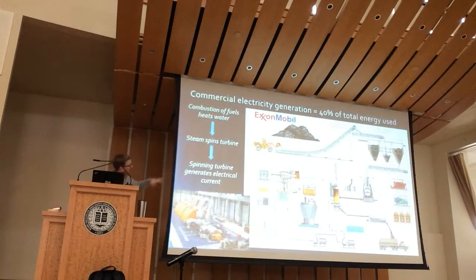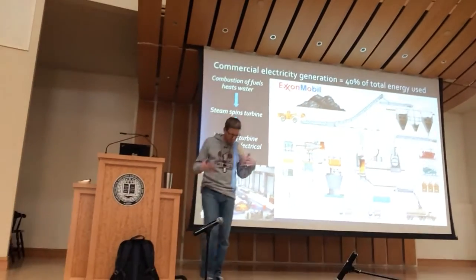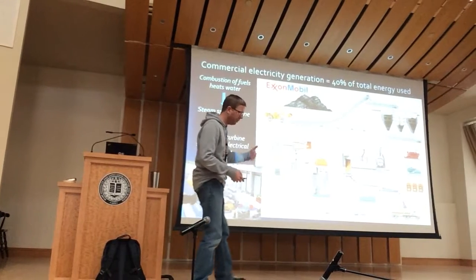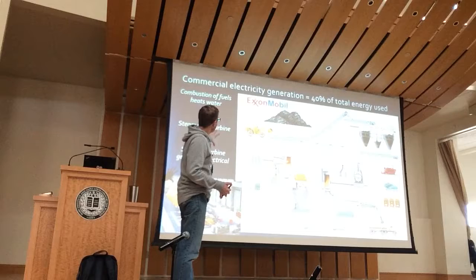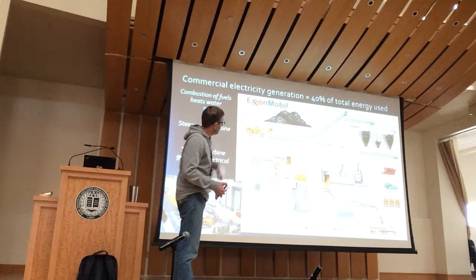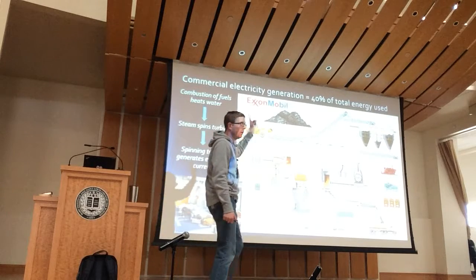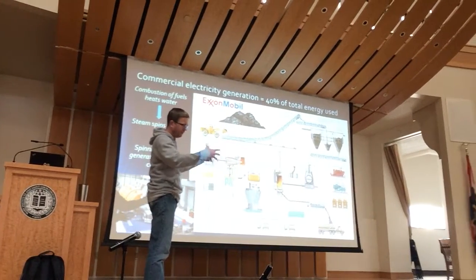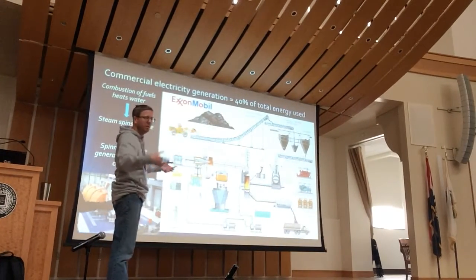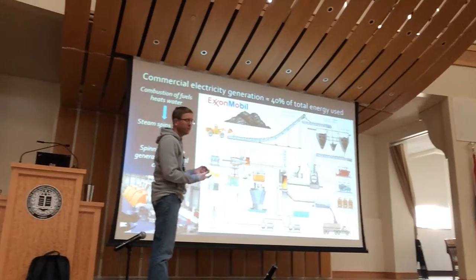So, what exactly is involved with producing electricity? I mentioned how producing electricity is a big part of that total. And the total used is for commercial electricity generation. Commercial meaning produced by a utility for sale to people, the public, businesses.